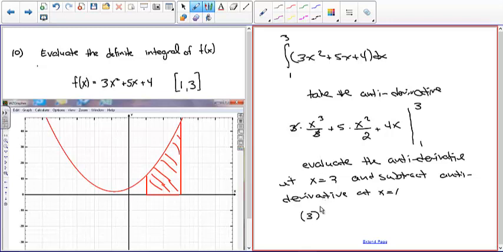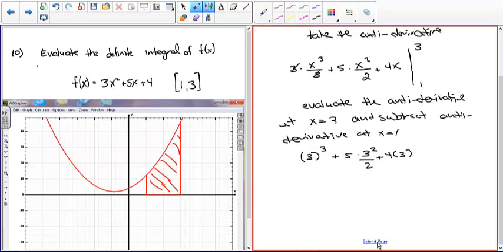Okay, so for x we substitute in 3, so we get 3 cubed plus 5 times 3 squared over 2 plus 4 times 3. That's the antiderivative evaluated at 3. And then we subtract. I'm going to put these big brackets here just to separate things. It's better to have more brackets than not enough. Then we take 1 cubed plus 5 times 1 squared divided by 2 plus 4 times 1.